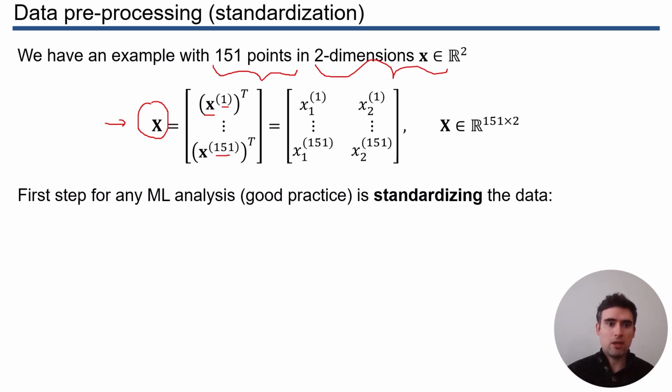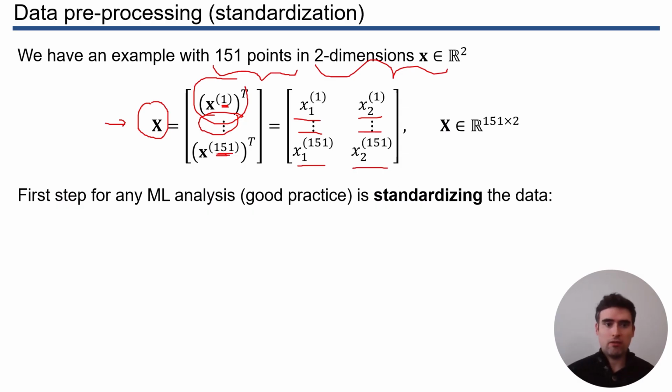So let's assume that we look at the first house, that's what I mean by the number 1, the first data point. This data point comprises the number of windows for the first house and the square meters for the first house. Then we have a second data point here, which is a 2-dimensional data point because it's a house, and it also has its own number of windows and square meters, and so on and so forth, up to the house 151, which again is made up of 2 descriptors, the number of windows and the square meters.